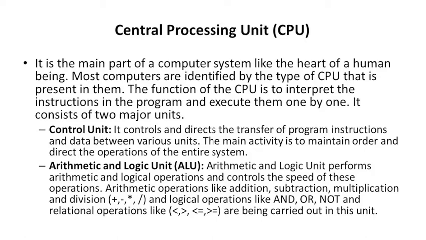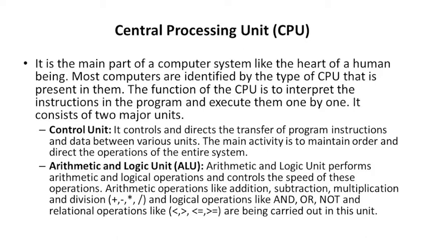What the control unit will do, it controls and directs the transfer of program, instructions and data between the various units. The main activity is to maintain order and direct the operations of the entire system. The arithmetic and logic unit performs arithmetic and logical operations and controls the speed of these operations.